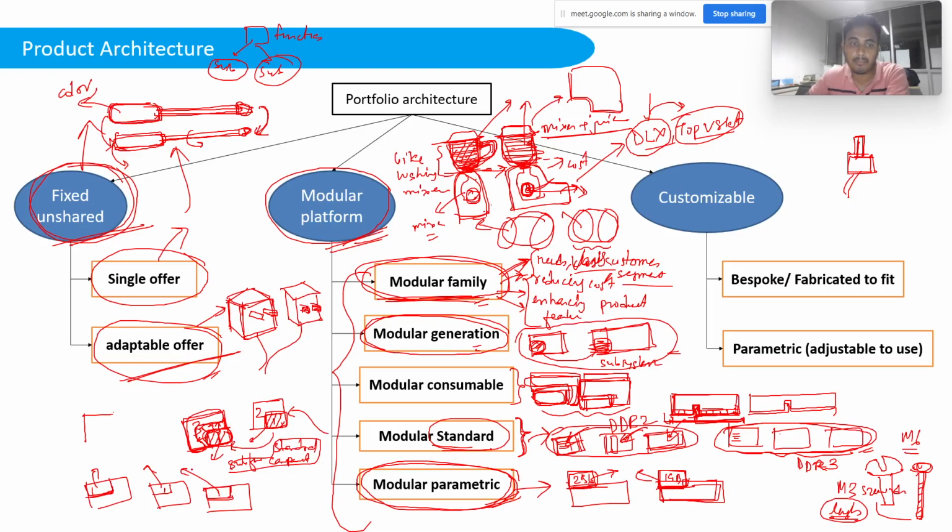For a computer, a RAM slot can be a standard, however the RAM itself can come with different values. You can have 1 GB RAM, 4 GB RAM. Similarly, hard disk. Designing a system which is capable of providing modules, where the user has control over some parametric change, is what we call modular parametric architecture. Clear?